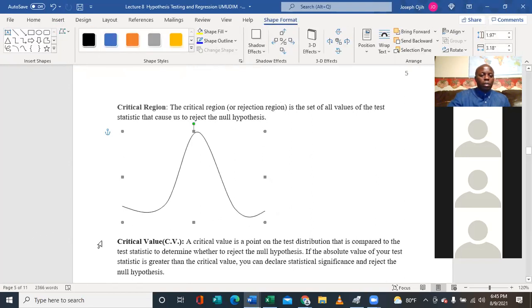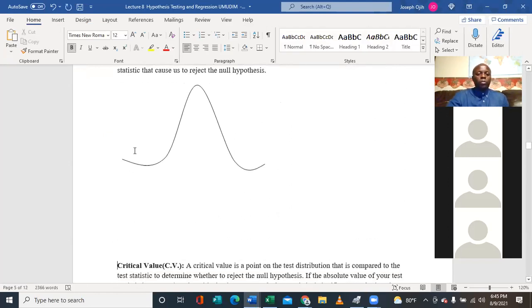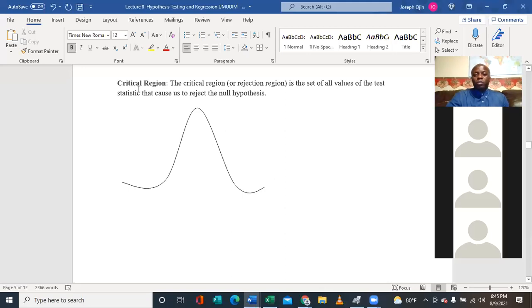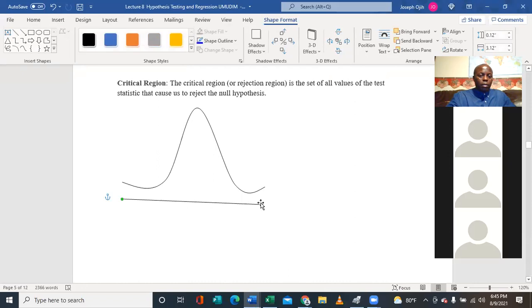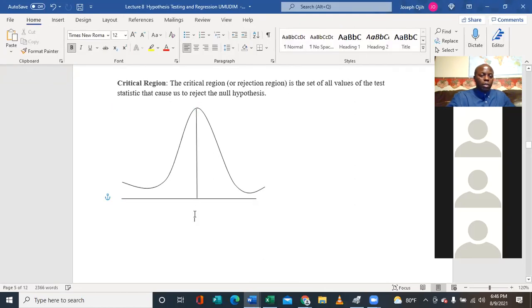You put the x-axis, and then of course the center line, the mean. This is your mean here, 0.